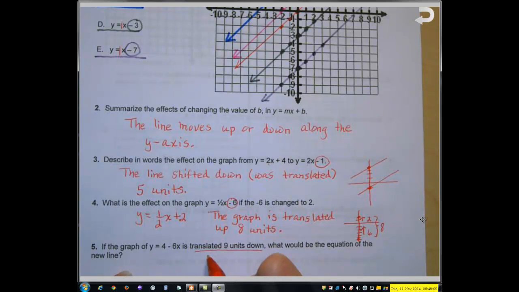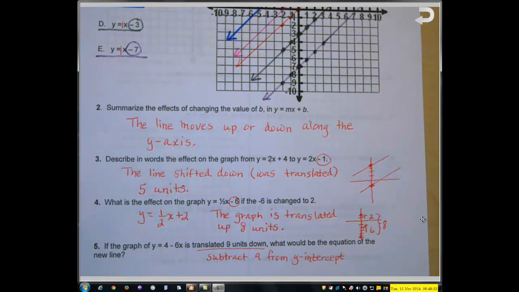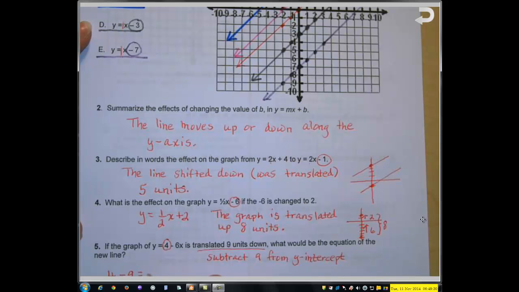So we need to subtract 9 from the y-intercept because it says translated 9 units down. Our y-intercept right now is 4. So 4 minus 9 is going to give us negative 5. So the new equation would be y equals negative 5 minus 6x.